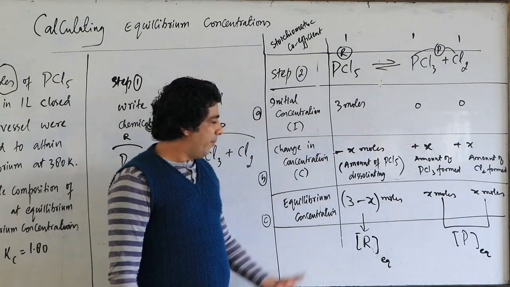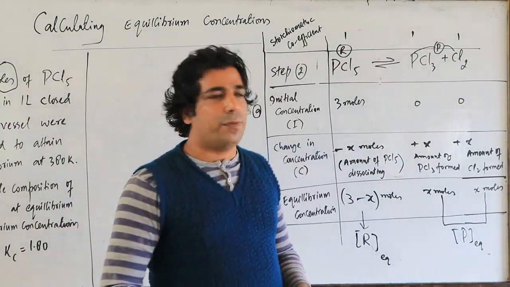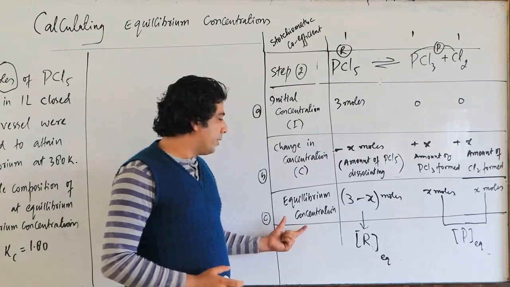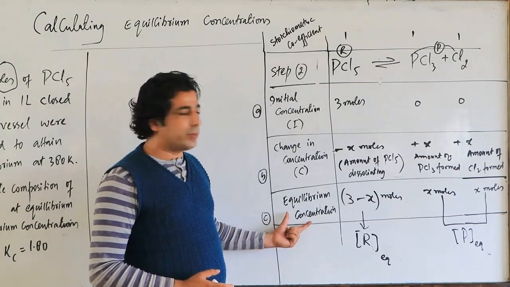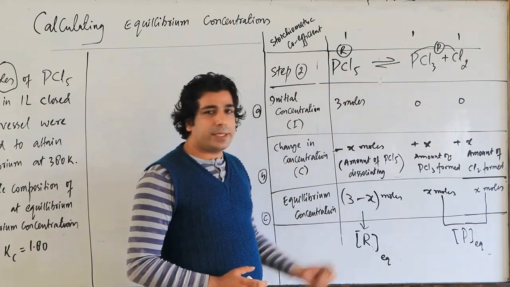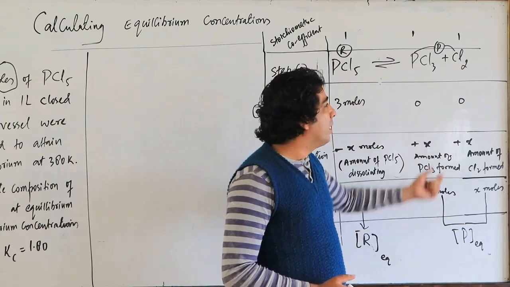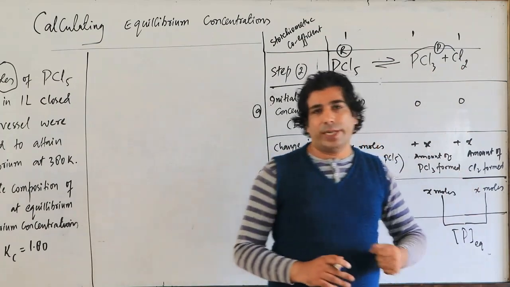Correct, my dear friends? Please make note of this and we'll go further. So now you have understood up to here that we finally got the equilibrium concentrations. Equilibrium concentration of PCl5 is 3 minus X, and equilibrium concentration of PCl3 is X moles, and Cl2 is also X moles, my dear friends.